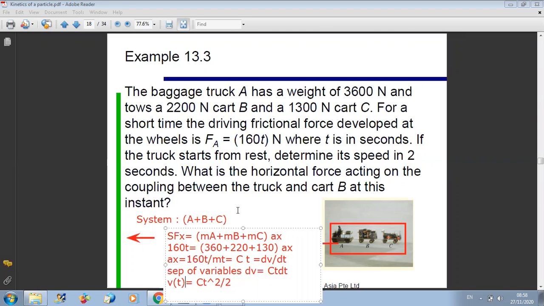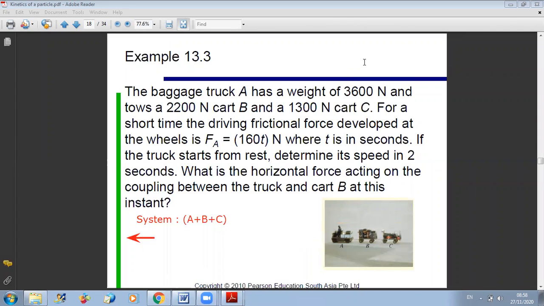Now, the second question: what is the horizontal force acting on the coupling between A and B? To find the force between A and B in the coupling, I will take A or B, one of the two. Why?